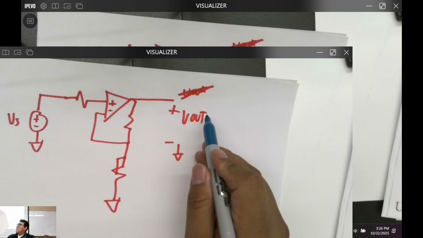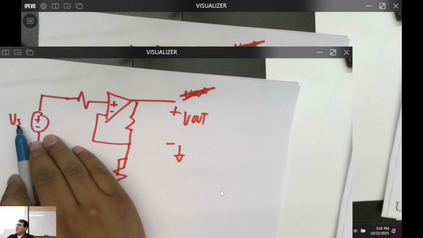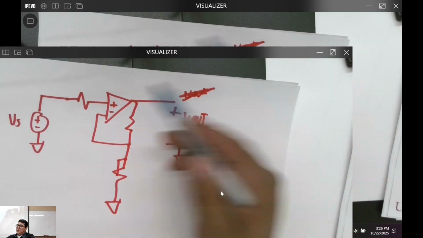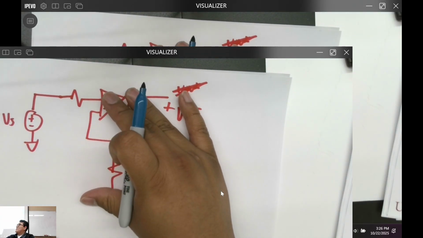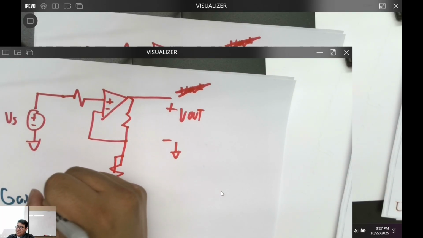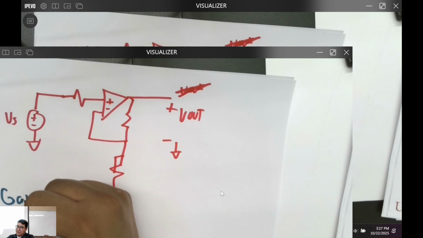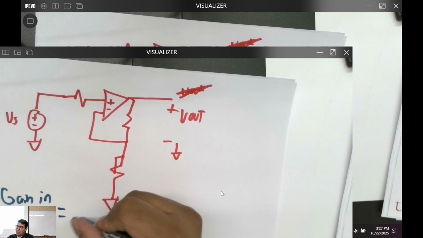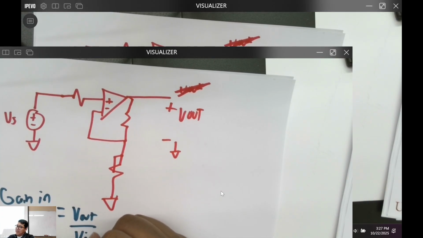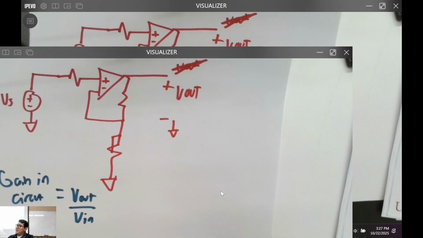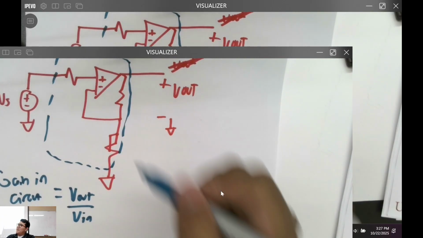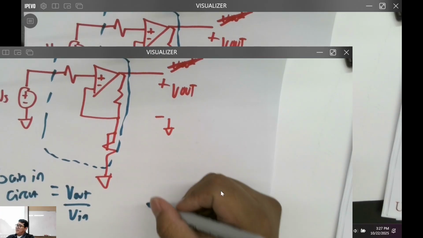To find the gain, we're going to wiggle this voltage, right? Let's just say I tickle it a little bit, but it's going to amplify based on whatever the gain is on the circuit, correct? So the gain in the circuit is going to equal the output over the input. Does that make sense? So I'm going to do something very familiar.